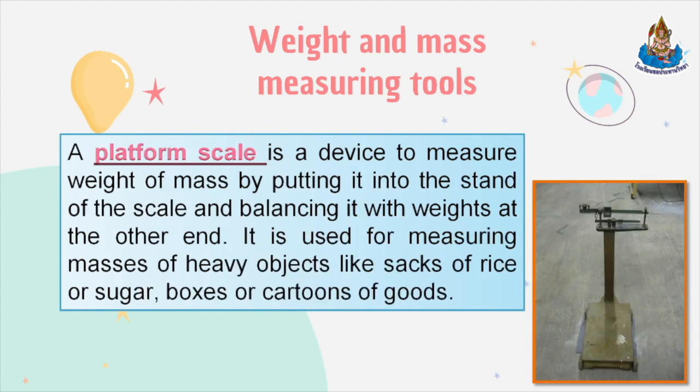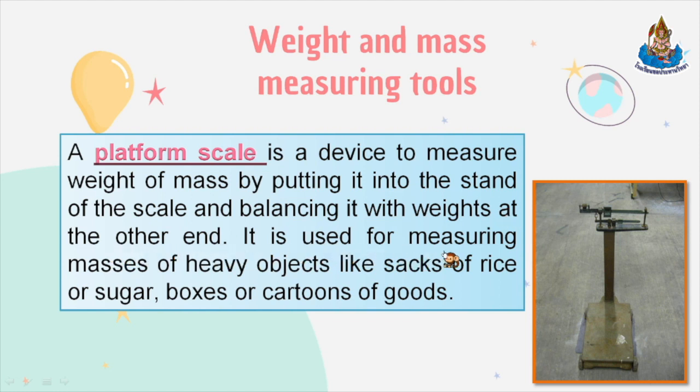So we're done with the beam balance. Next, we have platform scale. Let's all read. A platform scale is a device to measure weight of mass by putting it into the stand of the scale and balancing it with the weights at the other end.